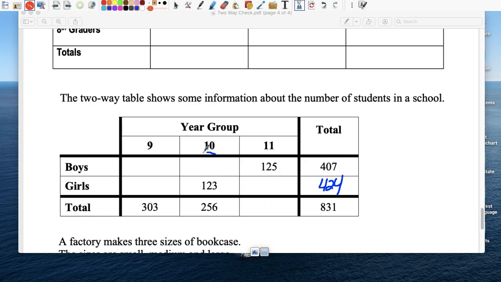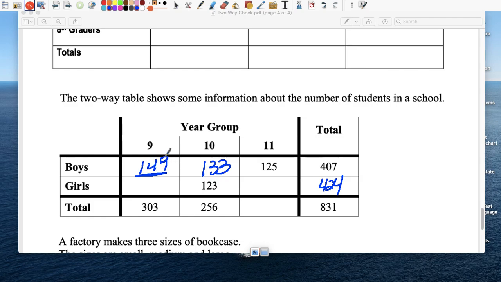And then we can do this number over here, 256 minus 123, and that's going to give us 133. We can now do this number over here. We can do 407 minus 133 minus 125, and that's going to give us 109.